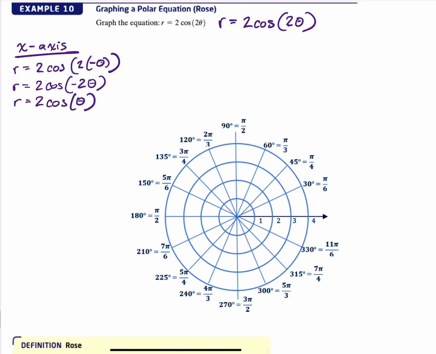And again, we can get that by expanding this in some way, maybe use the angle addition for the cosine, or one of the double angles.